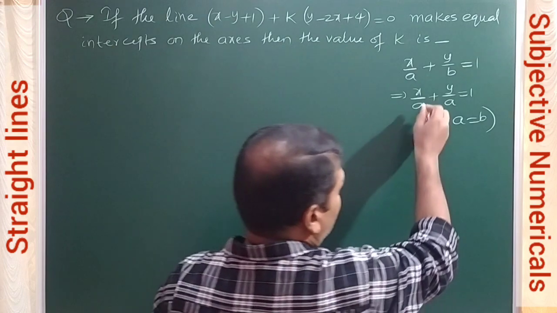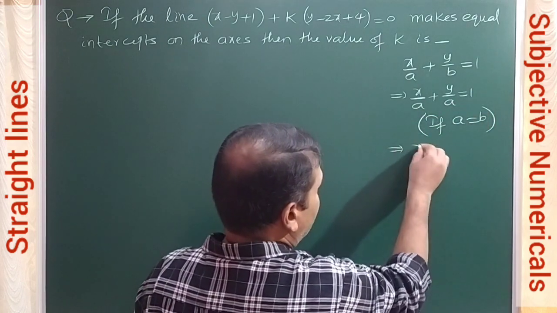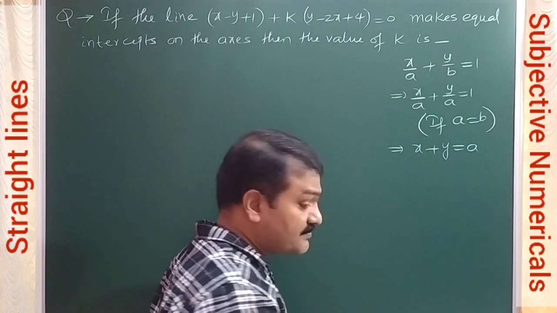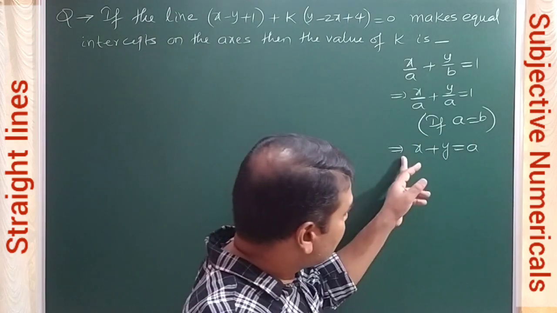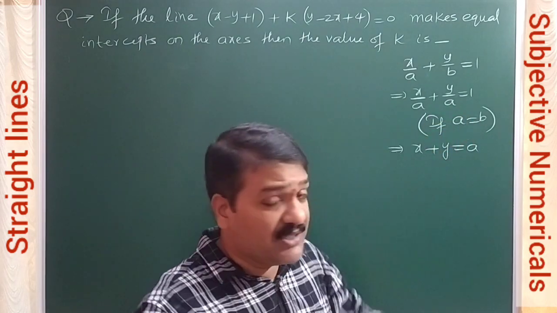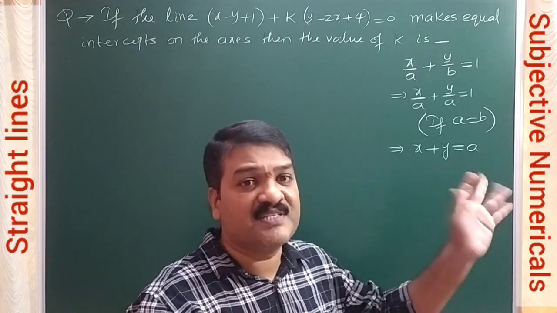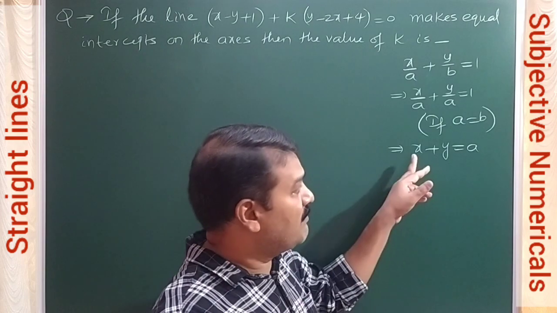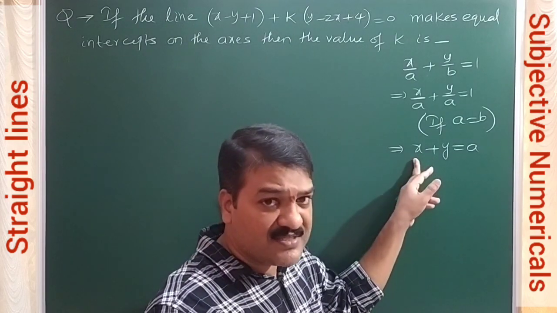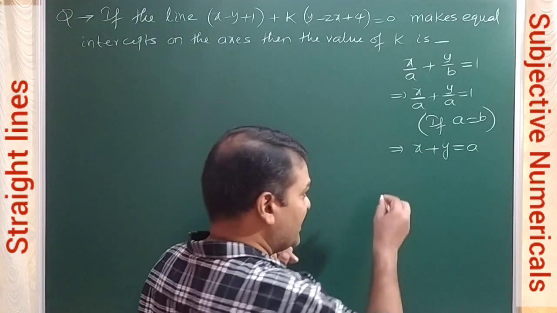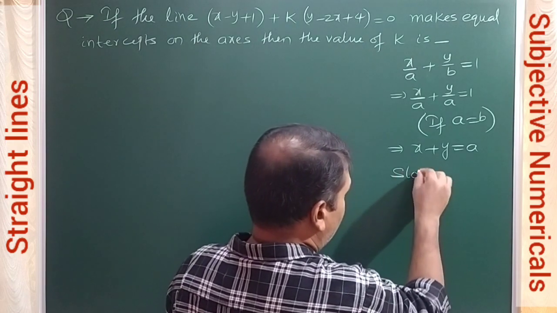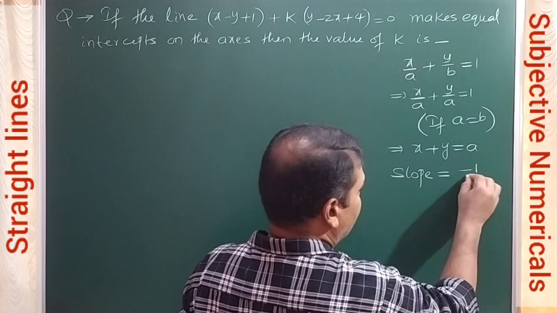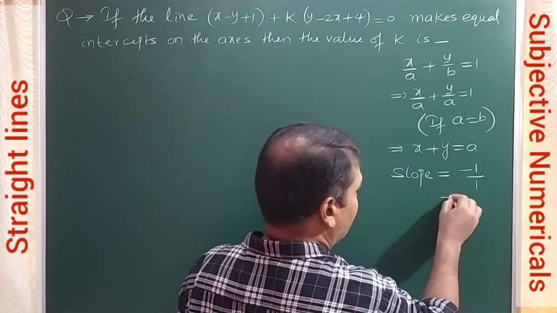So if you write this as x plus y is equal to a, for example, when intercepts are equal, what is the slope of this line? We know that the slope of the line will be minus coefficient of x by coefficient of y.